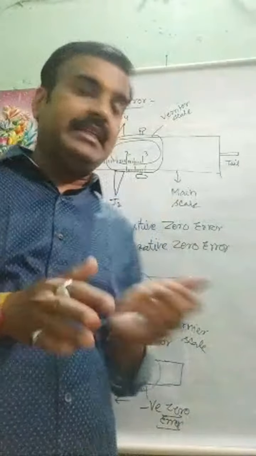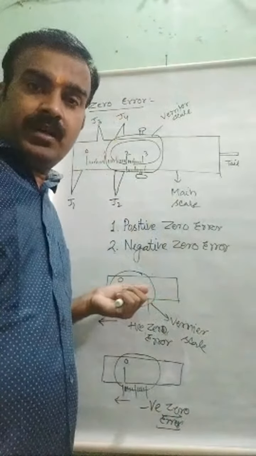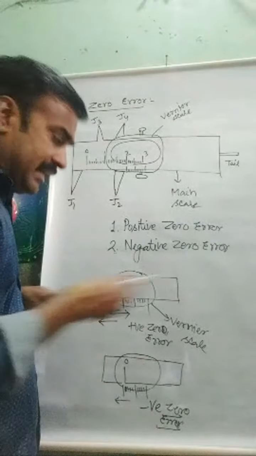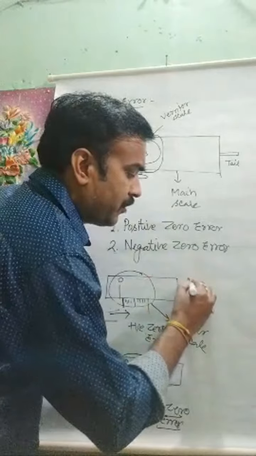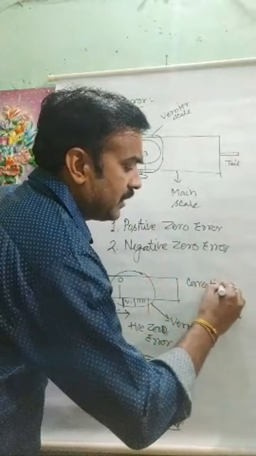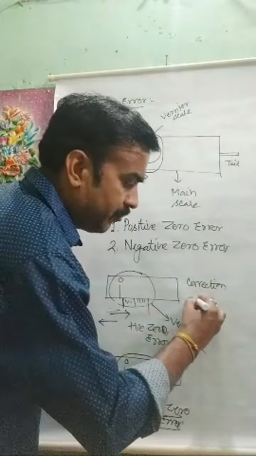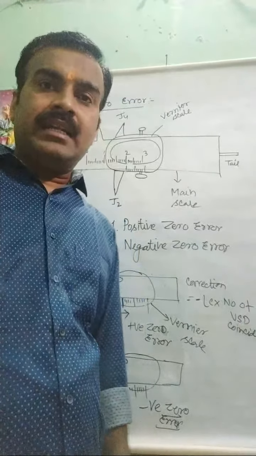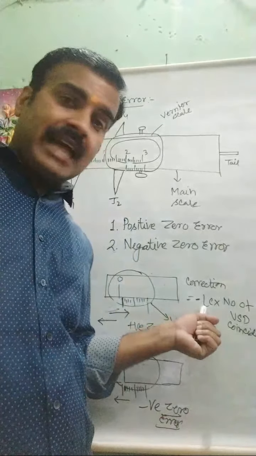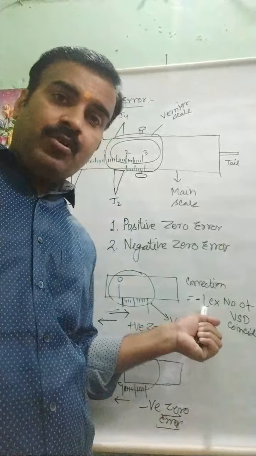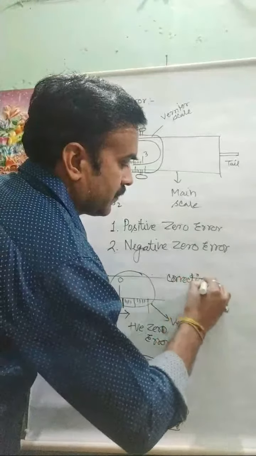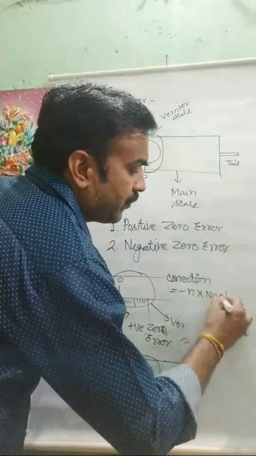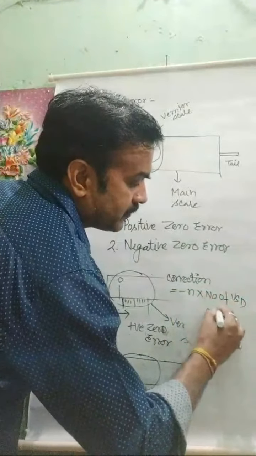The correction will be negative in positive zero error, and in this one, what is the formula that you have to use? Correction, what will it be? Correction will be minus n into the number of Vernier scale divisions coinciding, times the least count.